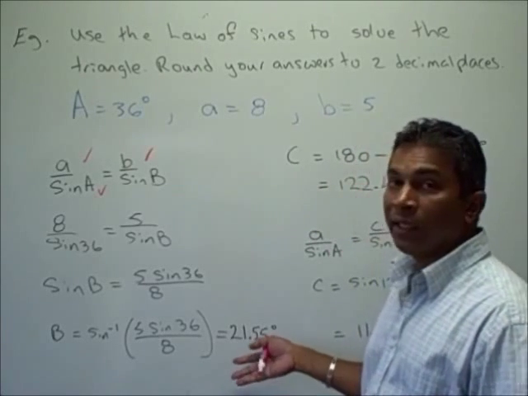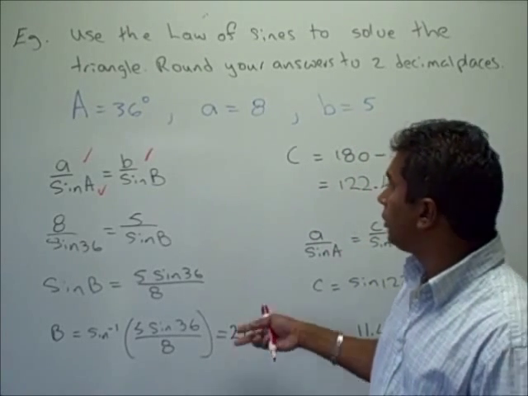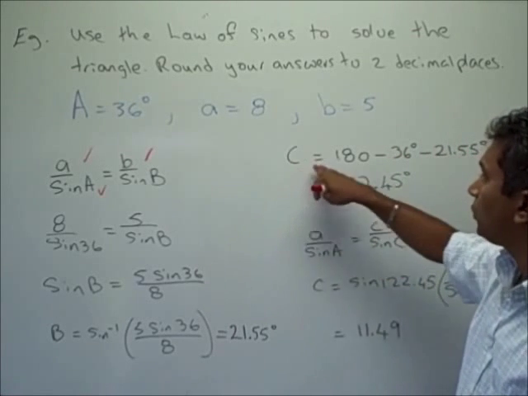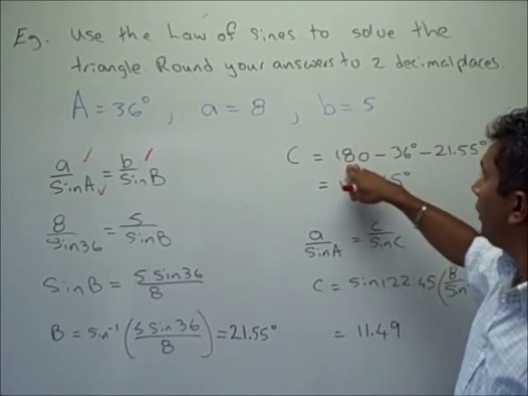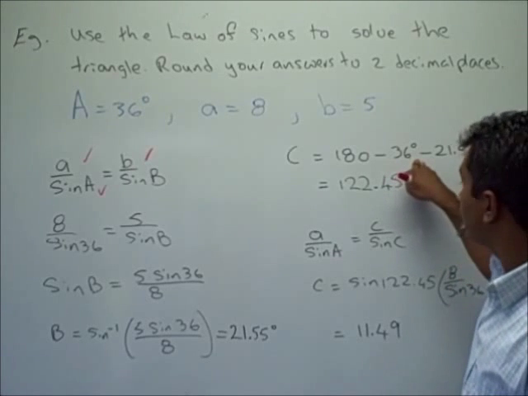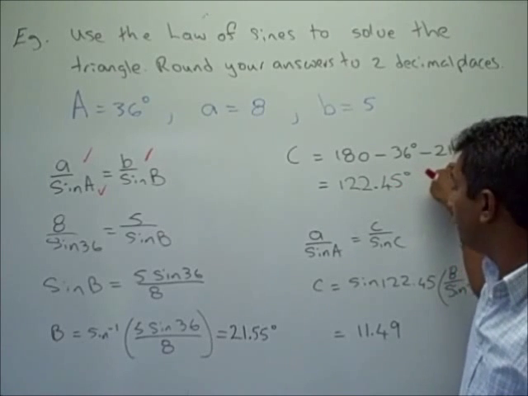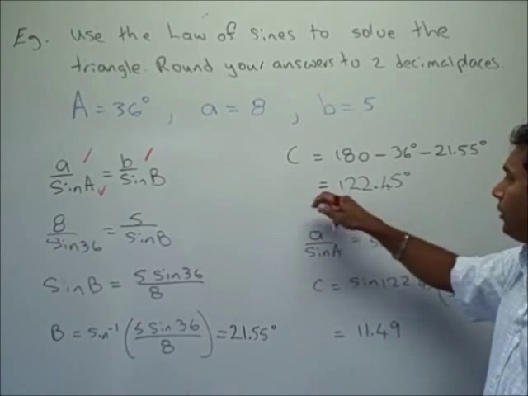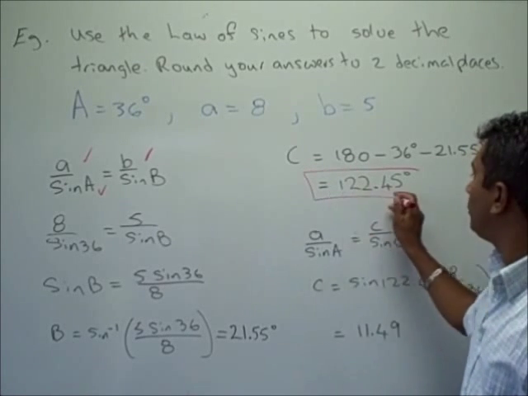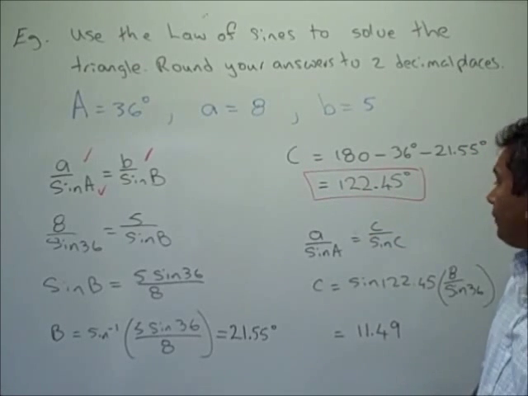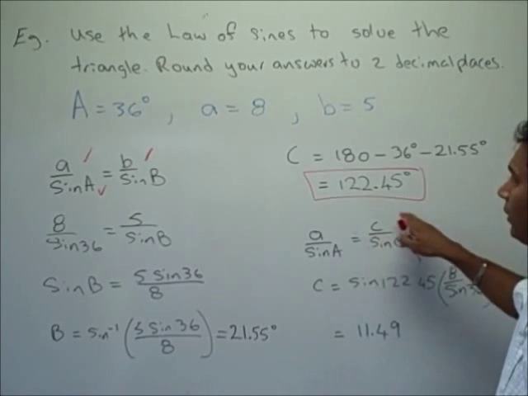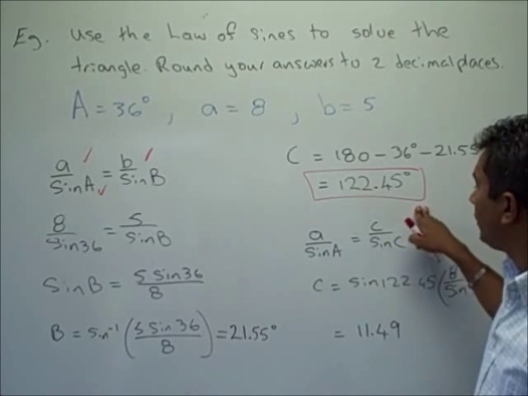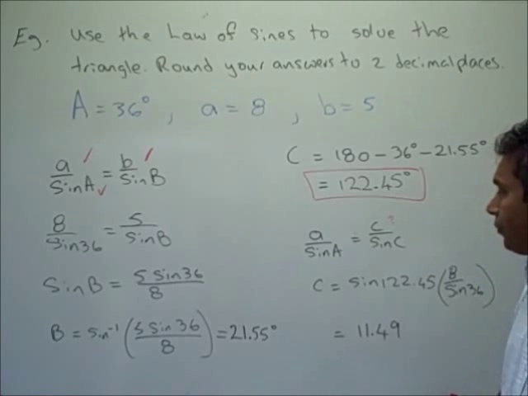We know the sum of all the angles in a triangle is 180, so now we can find angle C, which will be 180 minus angle A, which is 36, minus angle B, which is 21.55. So angle C is 122.45 degrees. Now that we have angle C, we can proceed to find side c.